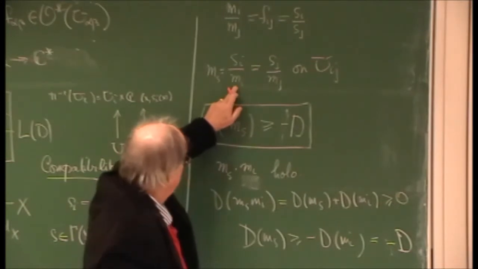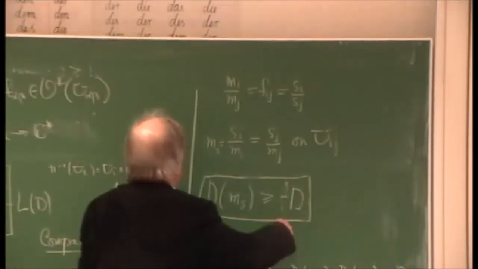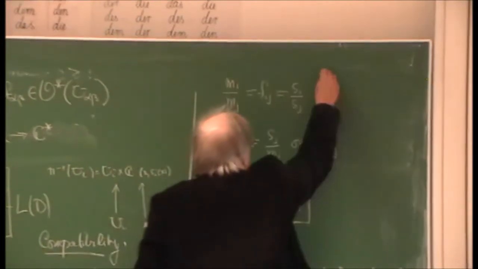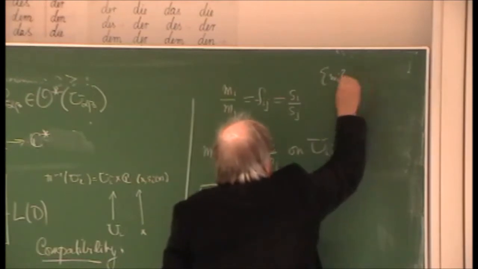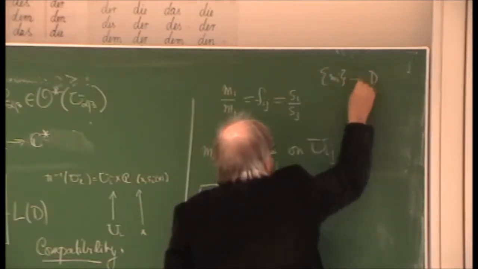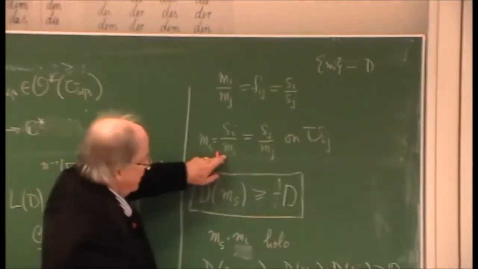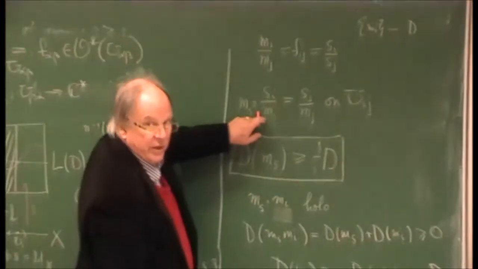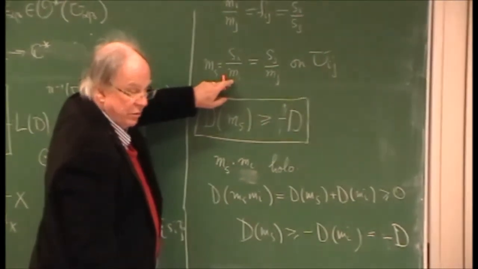So if the original divisor, the divisor of this whole thing, I'm going to call D, then here it's 1 over D, but we write that additively as minus D. So zeros have gone to poles and poles have gone to zeros.